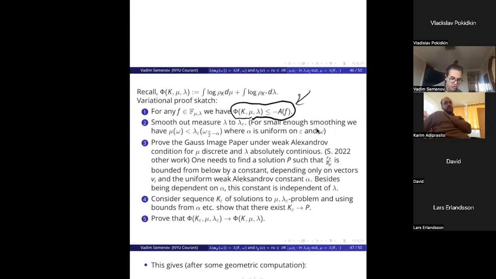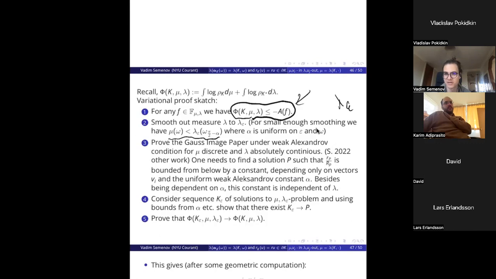Then what you do is that you smooth out the measure lambda. Lambda is discrete, you smooth it out. Now you have an absolutely continuous measure. You can prove a version of the Aleksandrov inequality for it, and then you have to solve a smooth version.